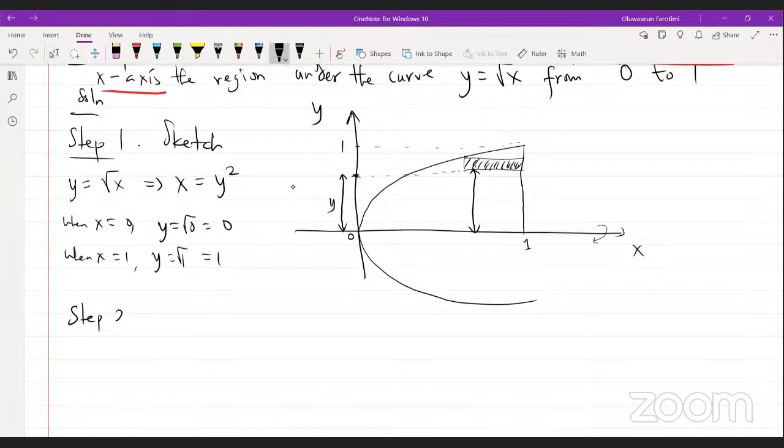Okay, so step 2. We already have the bound, so we don't have to do point of intersection. We know it's from 0 to 1. So now we just solve. We know that the shell radius is exactly what, guys? In this case, it's just y. Okay.